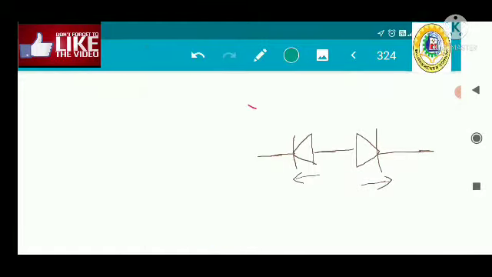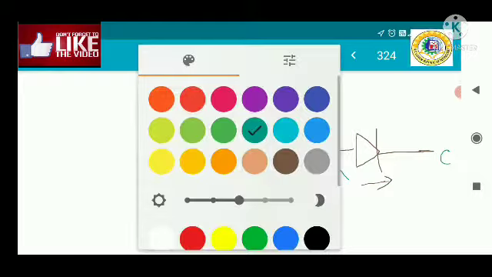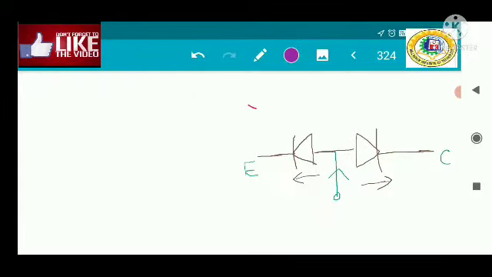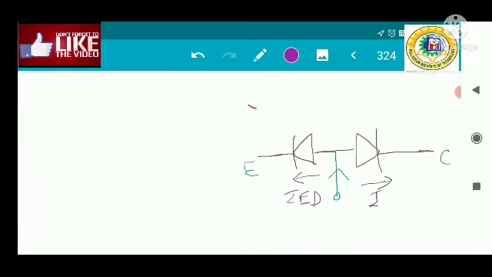This is your emitter, this is your collector, and this is your base. The base current is your IB current. The current flowing through this diode is IED, I am assuming, and the current flowing through this diode is ICD.